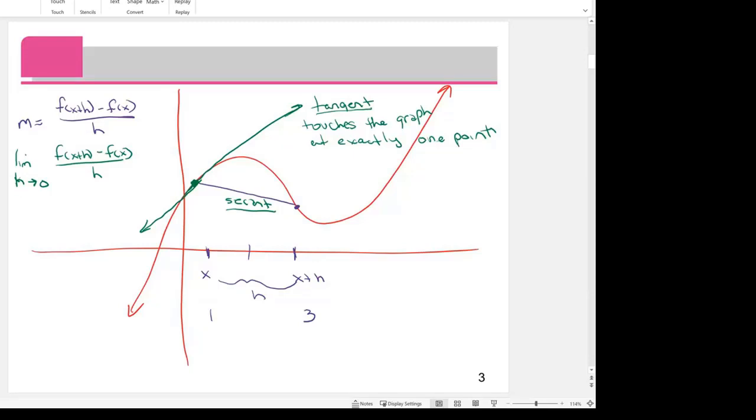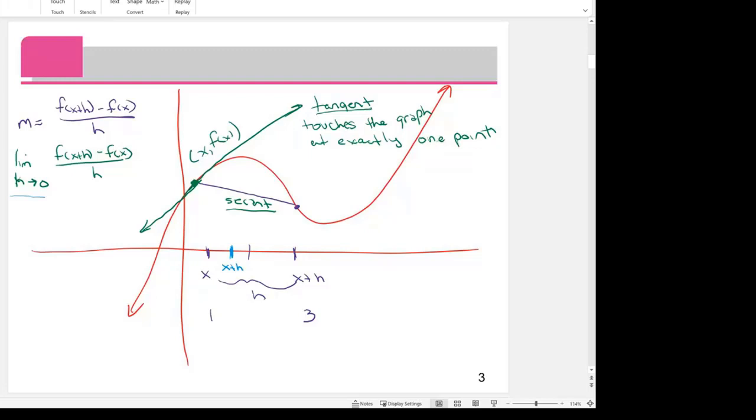And since I only have this 1 point, which is x comma f of x, then I would just get 0 over 0. So the question is, what do we do? That's when we start using derivatives. Let's say this is x plus h.